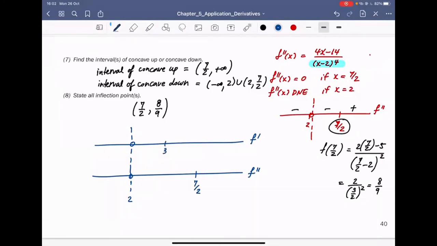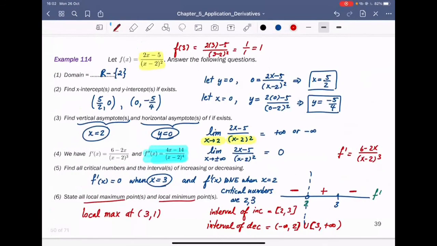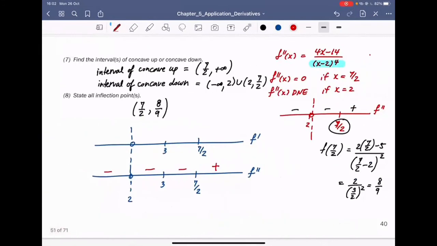On the second derivative, we say that everything after 7 over 2 is plus, everything on the left is minus. On f prime, you're going to have plus on interval 2 to 3. So 2 to 3 is just plus, everything else is minus.